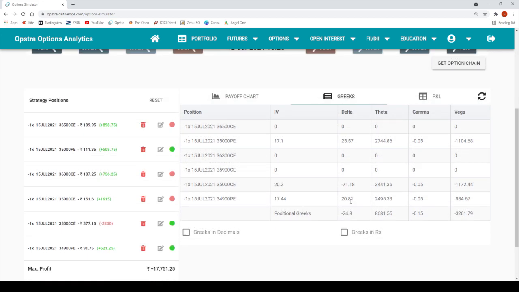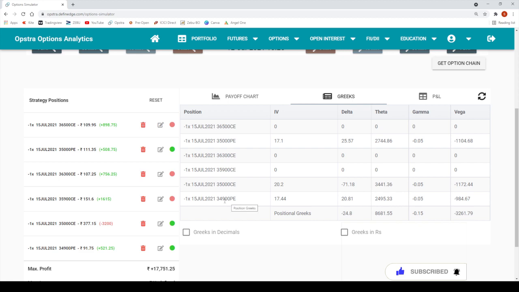We are not going to sell additional put. Rather, I am going to leave this 35,000 put as it is, and I am going to close this 34,900 put, and we are going to sell at the money put.